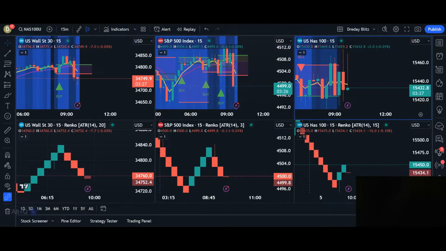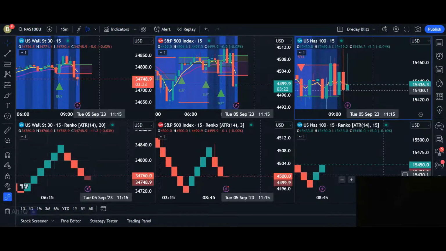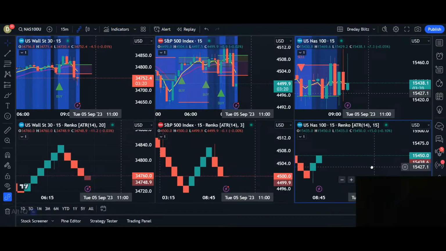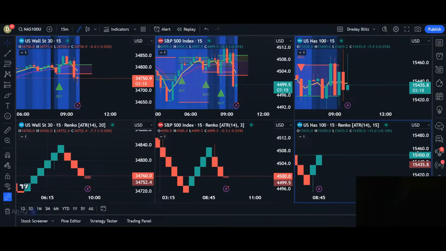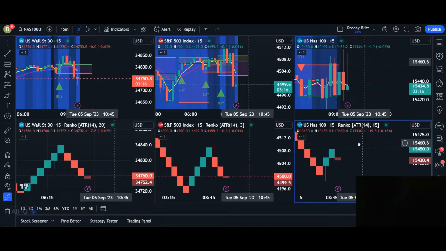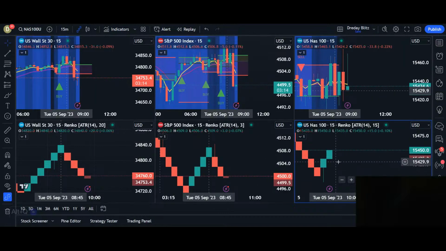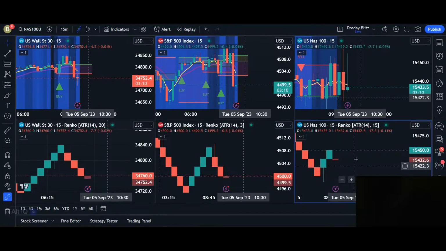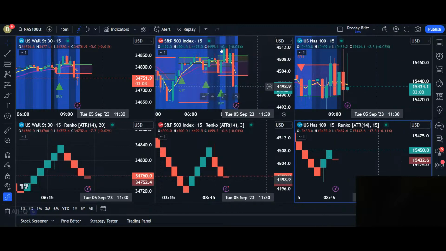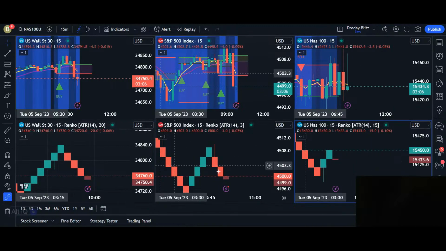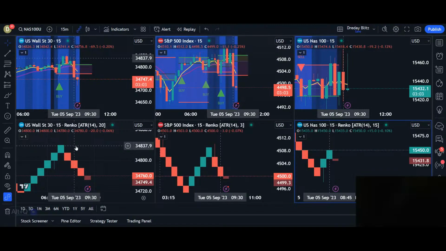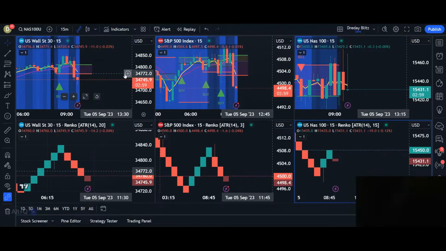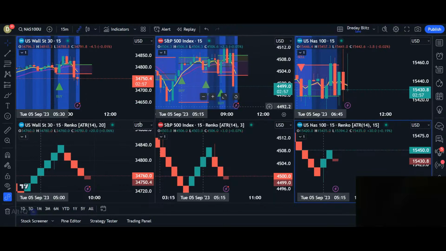If you're looking at the Renkos, as you can see, it's plotting the bar on the downside right now. US 30 and S&P 500 are still showing a downside move.